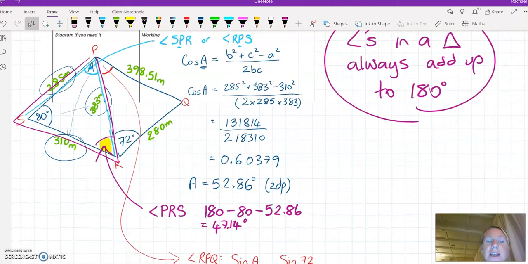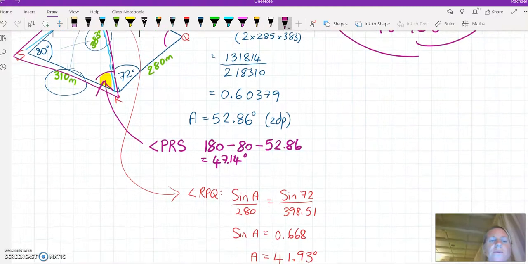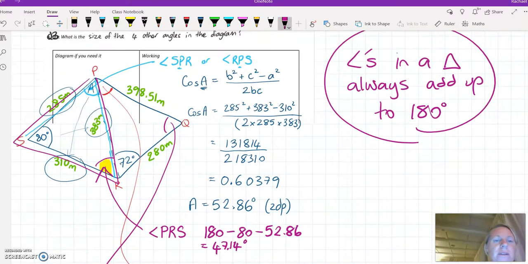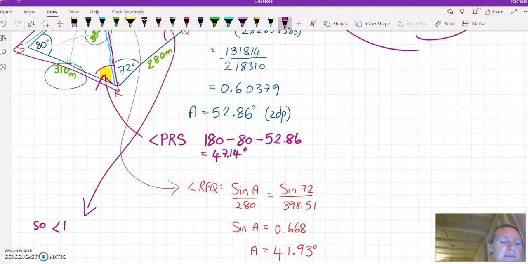All right, sweet. And so our last one, again, angles in a triangle always add up to 180. Let's use purple again for that one. That is going to be angle PQR, isn't it?